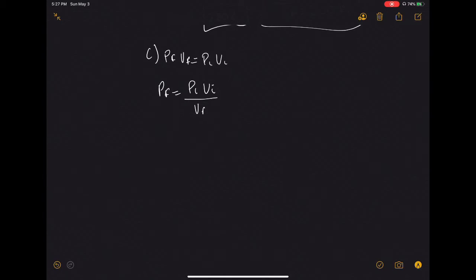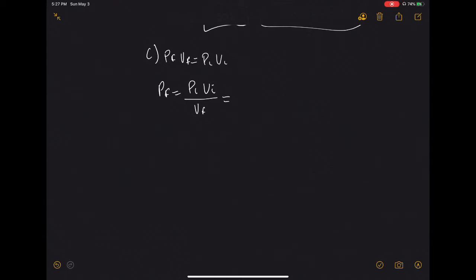For part C, it says find the final pressure of the gas in this process. So I'm going to use final pressure times final volume equals initial pressure times initial volume. I just have to solve for the final pressure, which is P final equals P initial times V initial over V final.